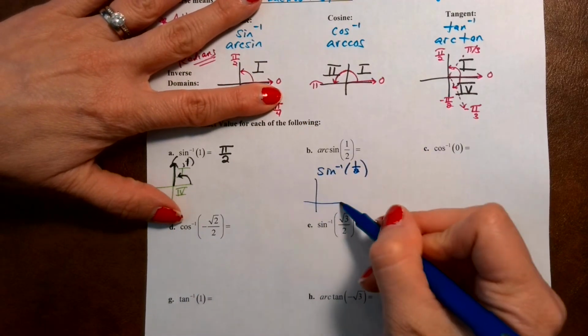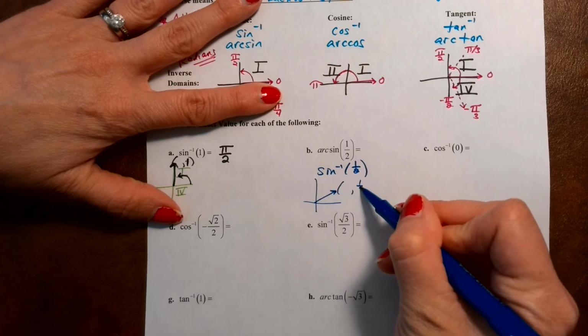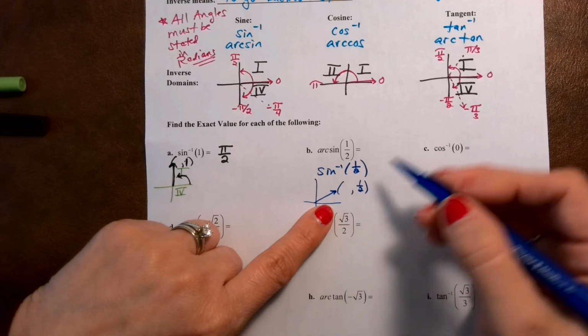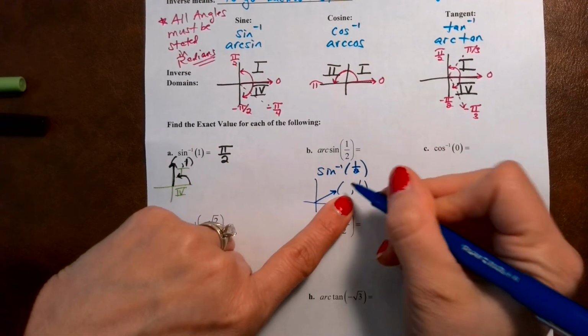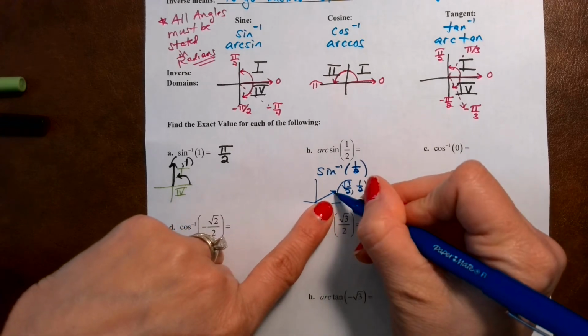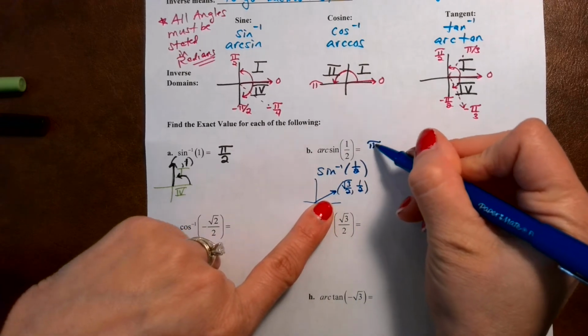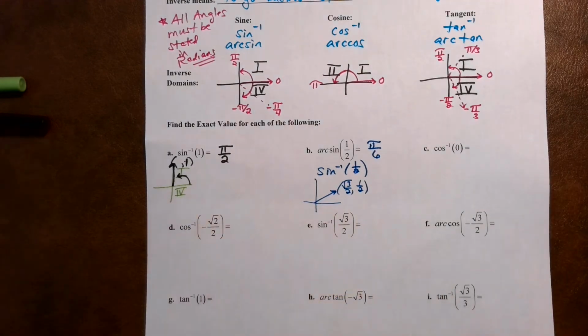Okay, so I'm in quadrant 1. The sine value is the second number. What angle am I at that has something comma 1/2? It's probably radical 3 over 2 comma 1/2, right? Oh, I know that angle. It's pi over 6. If you know your unit circle, you're going to be great at this lesson.